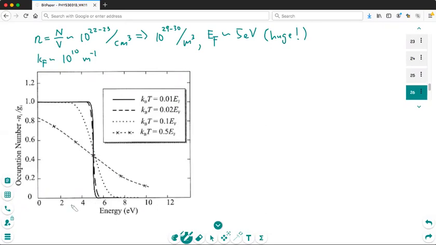And why do I say 5 eV is huge? Because let's convert this to a temperature scale. If I just want to use a temperature scale to understand this 5 eV, I can define a Fermi temperature. You will see this Fermi temperature corresponding to 5 eV is about 5.8 times 10 to the 4 Kelvin. So this is huge.